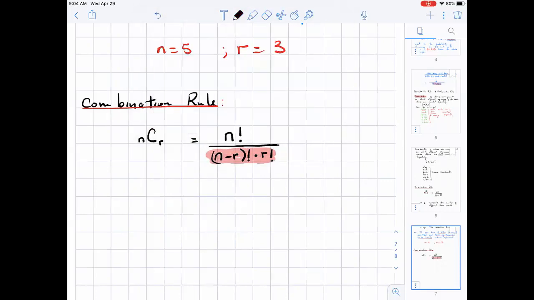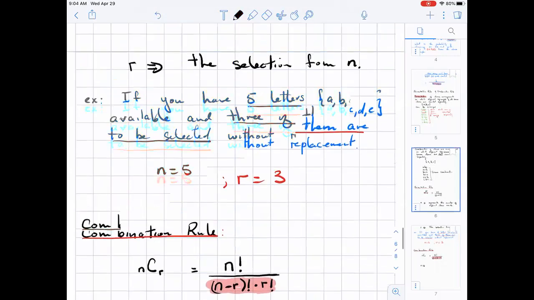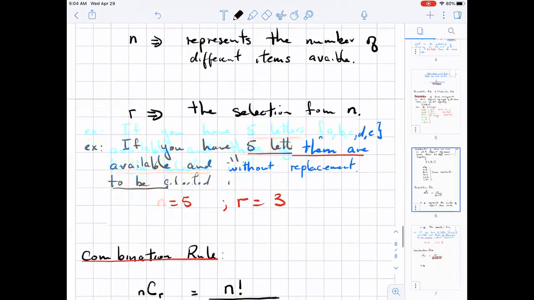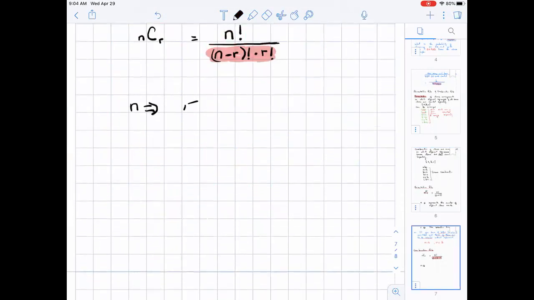N is the same as we said over here, it represents the number of different items available.